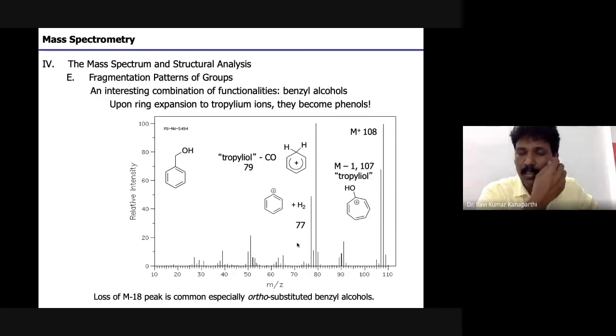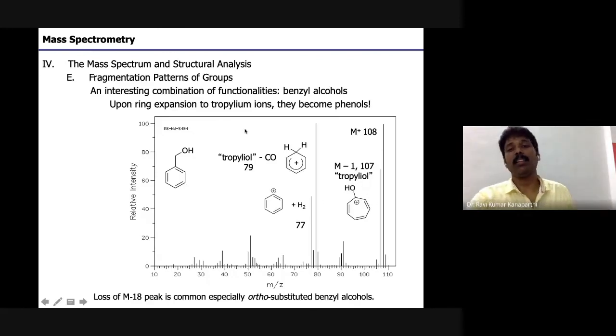I think there is one more thing there. Benzyl alcohol is another example. Ring expansion to tropylium is very common, ring expansion and then becoming the phenol-like species. Tropylium is very common in the case of benzyl alcohols. This is benzyl alcohol.